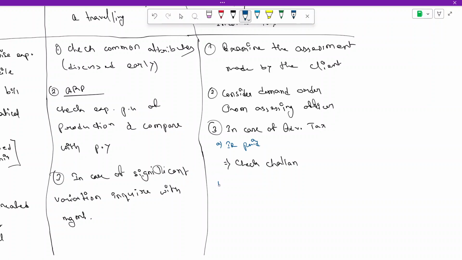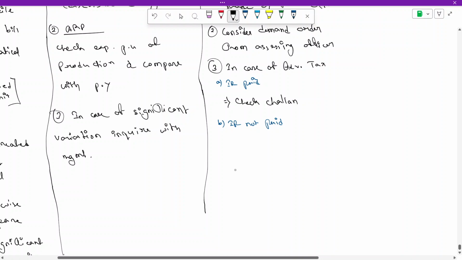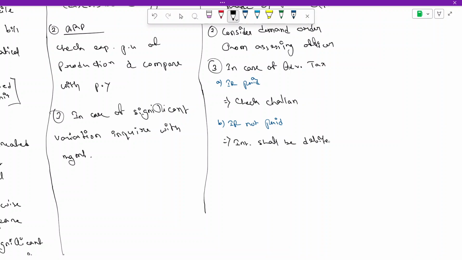If not paid, interest shall be debited into the account. Okay.